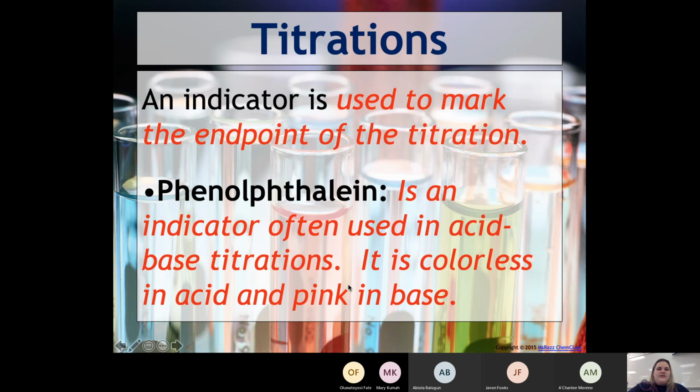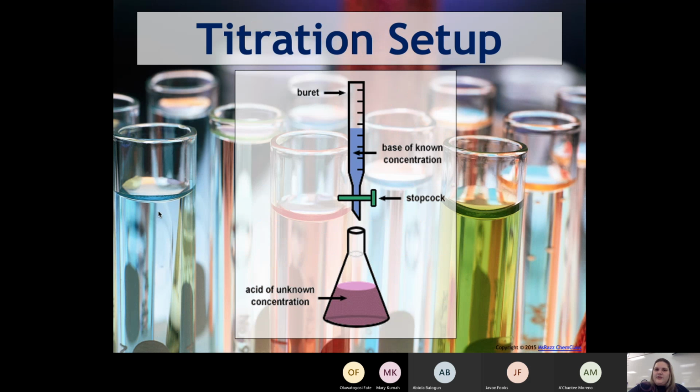And what'll happen is you'll see it'll kind of swirl pink, but then if you swirl the flask, the pink disappears because it's not fully reacting. It's reacting, but then it's going away. And so what happens is you keep adding more and more drops of your base until that pink color does not fade, until it stays. And that's when you know you've reached the end point, because now that pink is not going away when you swirl the flask.